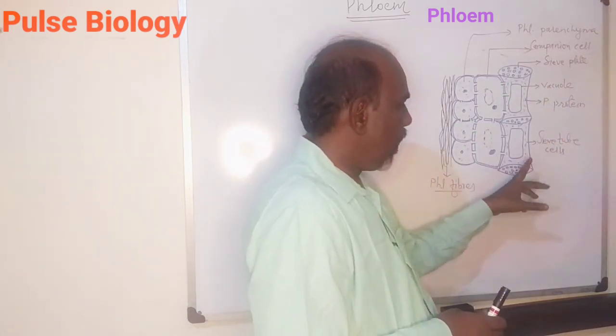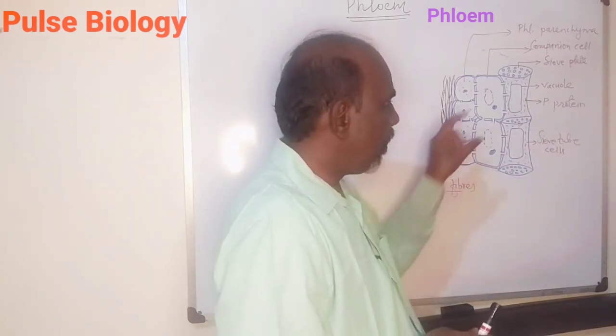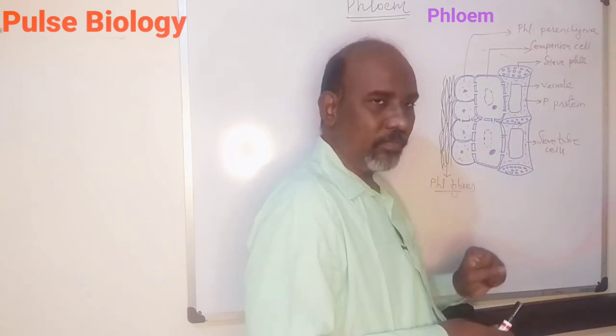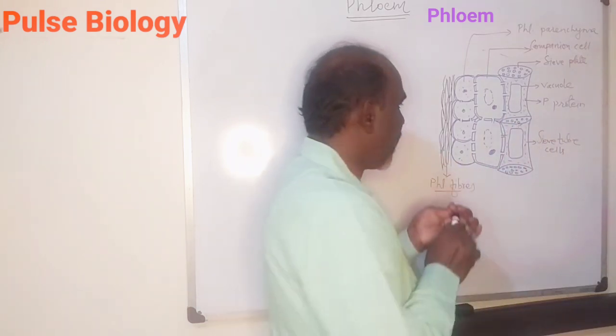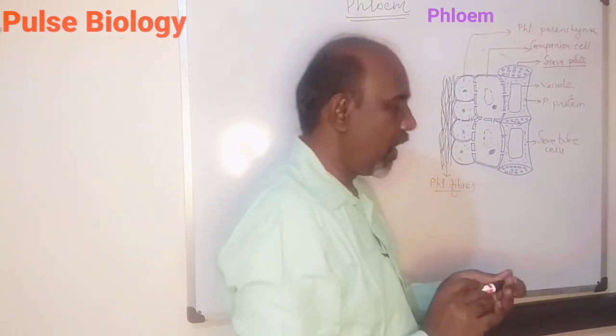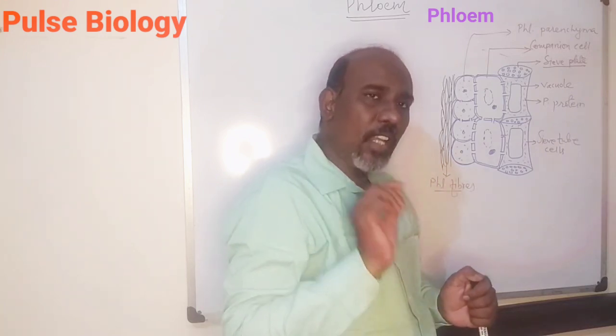So the neighboring cell wall of this sieve tube cell has perforations. This transverse cell wall, which is called sieve plate, is perforated, meaning it has perforations or transverse processes.